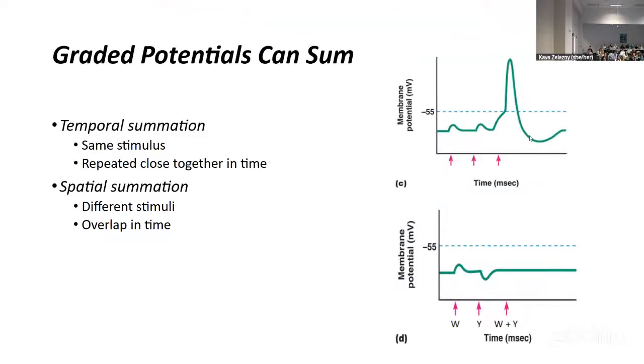So graded potentials are these small changes in response to a stimulus in a specific part of the neuron that spread out and get weaker as we get farther from that point where the stimulus came in. We're describing them as a decision to fire off an action potential or not.